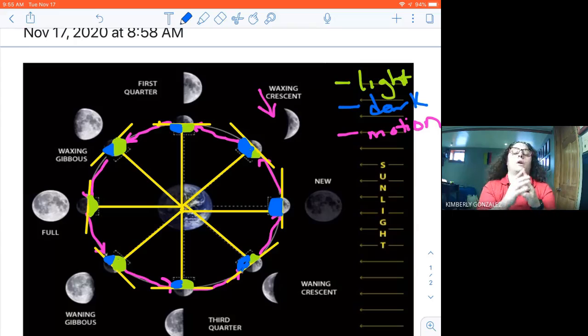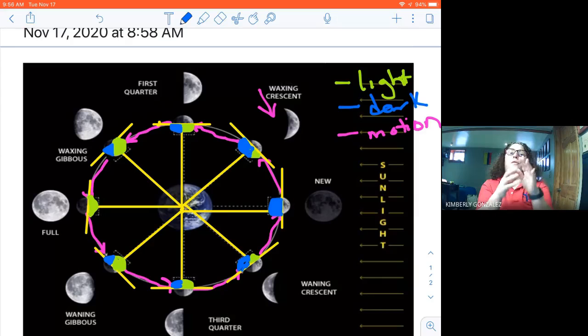And then the hardest part about this, guys, is if you notice, okay, if you notice, they're mirror images of each other, right? They're the opposite.